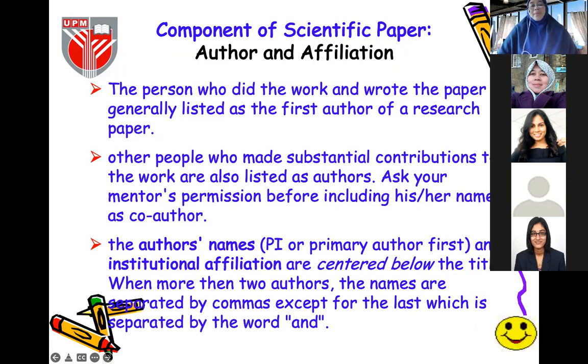The best, I think, is to discuss among the researchers or among the co-authors. If you are the one who wrote the scientific paper, then of course you are the first author. And then for the rest of the names, you have to think about the contributions. So the order of the names is based on the contributions.